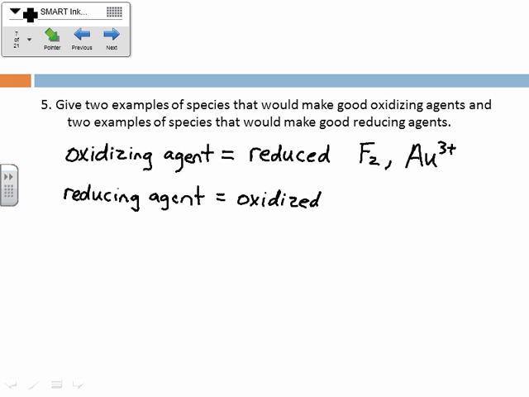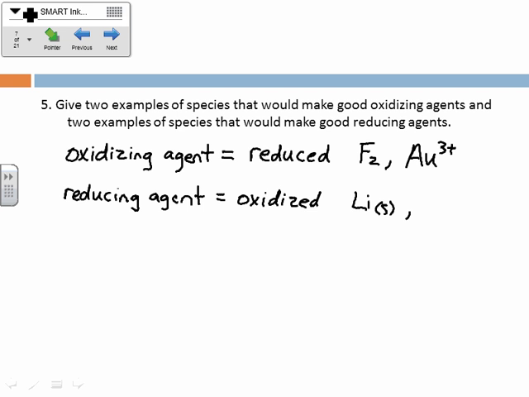What about a couple of things that are good reducing agents, things that would have a tendency to get oxidized? Lithium. Now that's solid lithium, right? Lithium 1+ cannot get oxidized because that's its highest oxidation state. It couldn't lose any more electrons at that point, or it could, but it doesn't typically do that.